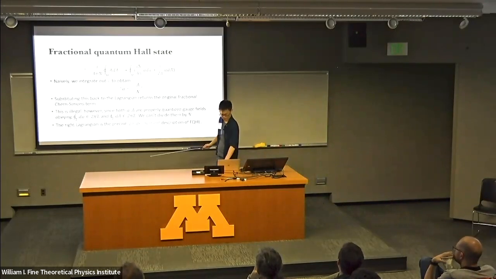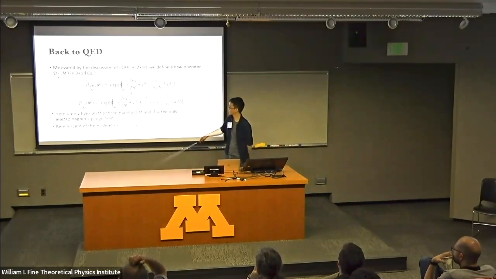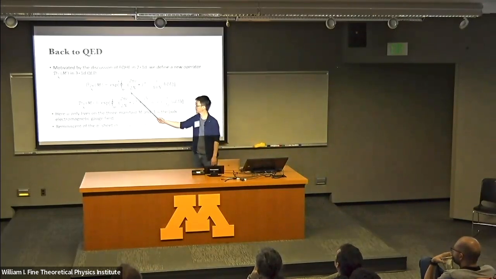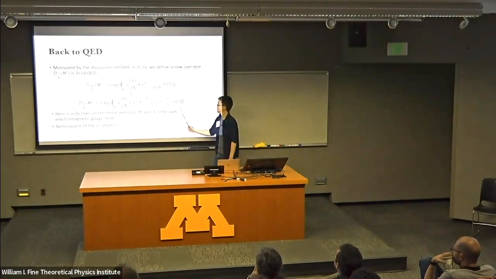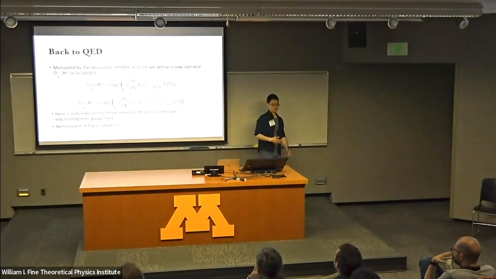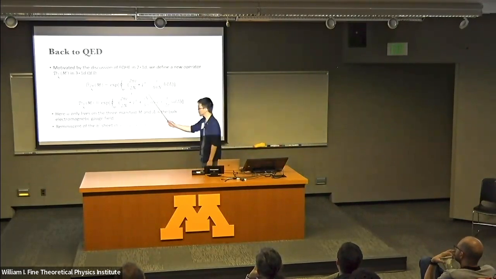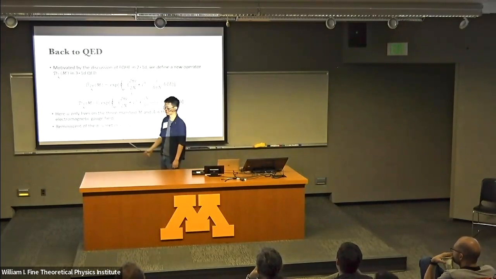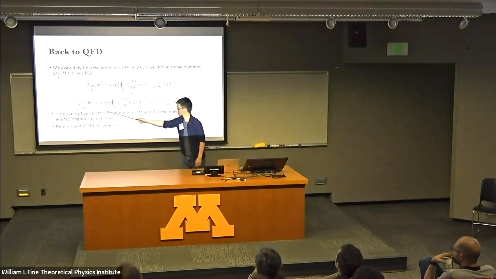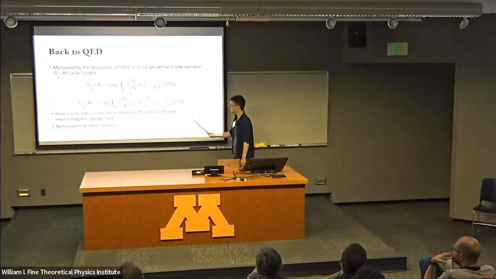Motivated by this discussion, back to QED, why don't we just replace this gauge non-invariant term that gives us all the trouble by the gauge invariant fractional quantum Hall state. So now I have defined a new operator, which I denote by D subscript 1/n. This new operator D is manifestly gauge invariant because all the terms here are properly quantized.